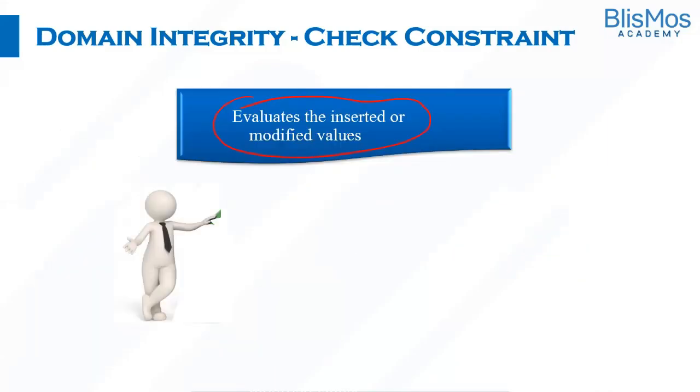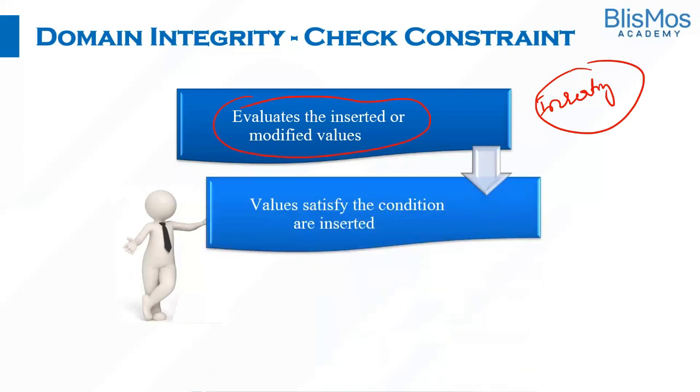When you specify a check constraint while defining the table, then while inserting the data, any RDBMS like Oracle or MySQL would evaluate the inserted or modified values. Whatever values satisfy the condition according to the constraint we have defined, only those values are inserted.